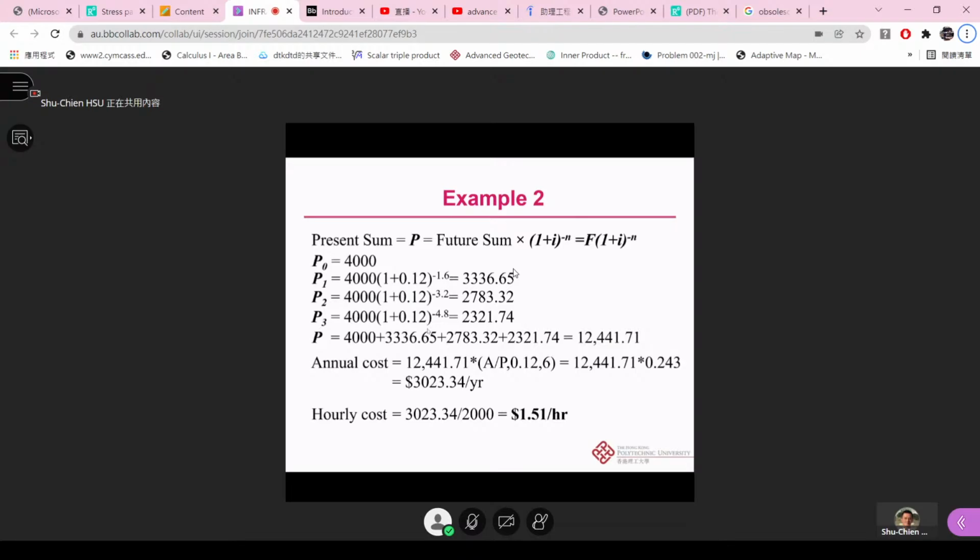So we're gonna get the P for the fourth set of the tire equal to 12,441.71. So we convert it again from this P to A. We get the annual cost for the tire is 3,023.34, and then further divided by 2,000, we get a tire cost per hour equal to $1.51.